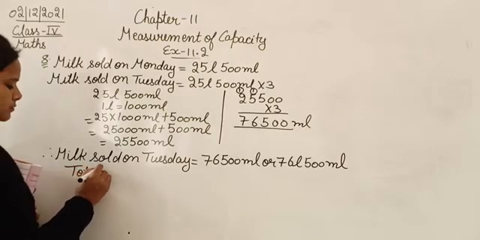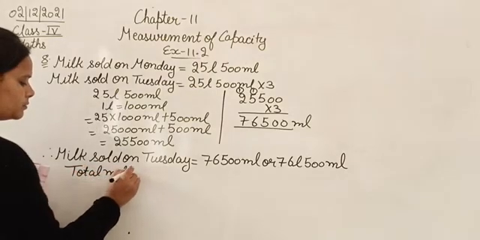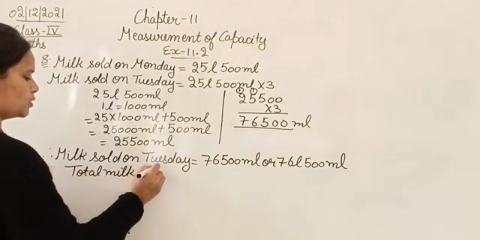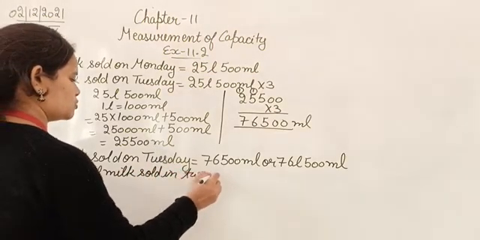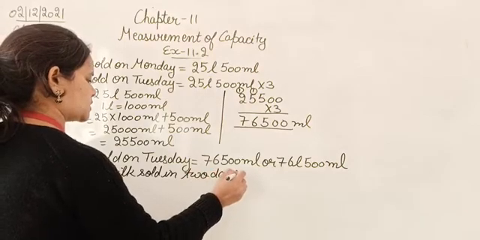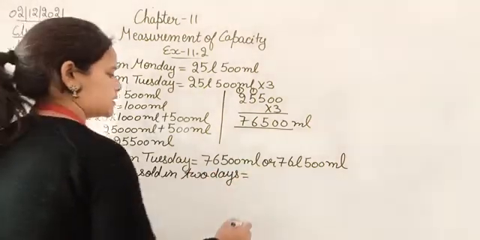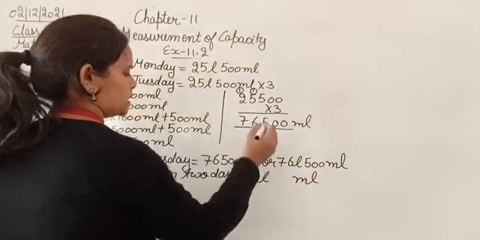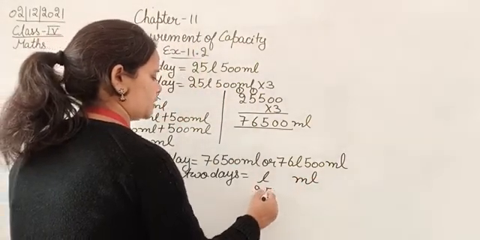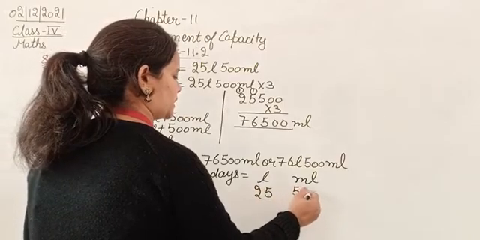Total milk sold in 2 days. Add liter and milliliter. Milk sold on Monday is 25 liter 500 milliliter.